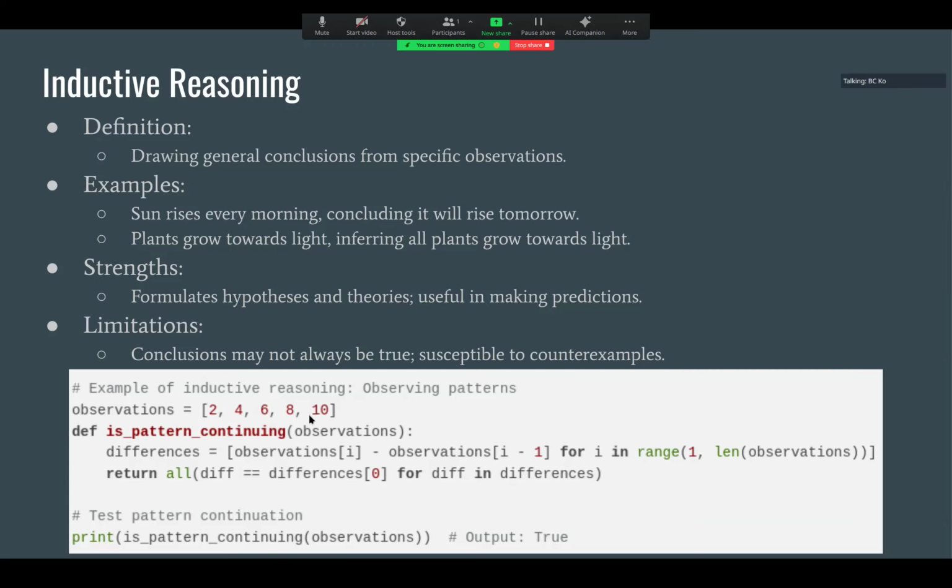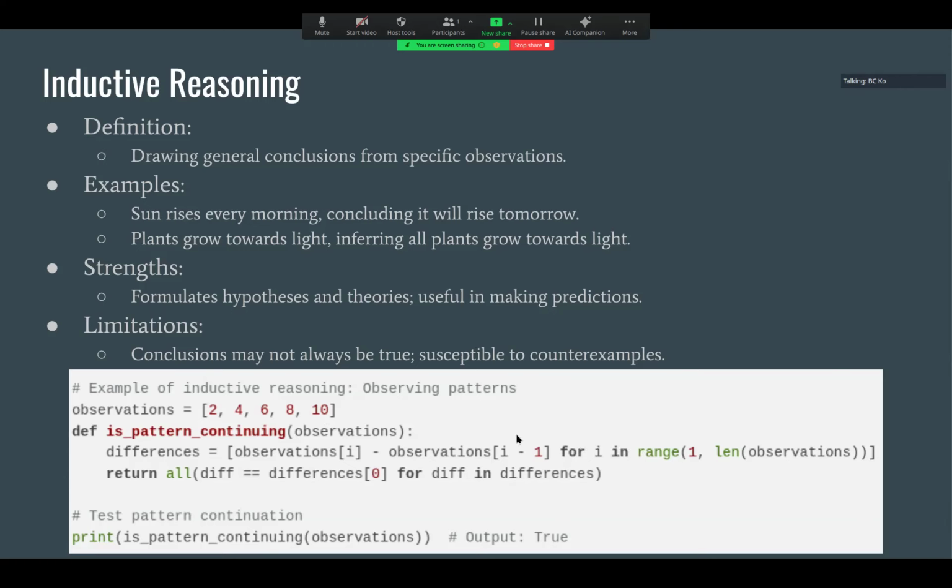And if we look at this Python code, it illustrates reasoning by observing patterns in a list of numbers. So this function is pattern continuing, it calculates the difference between consecutive numbers in the list and checks if they are all the same.